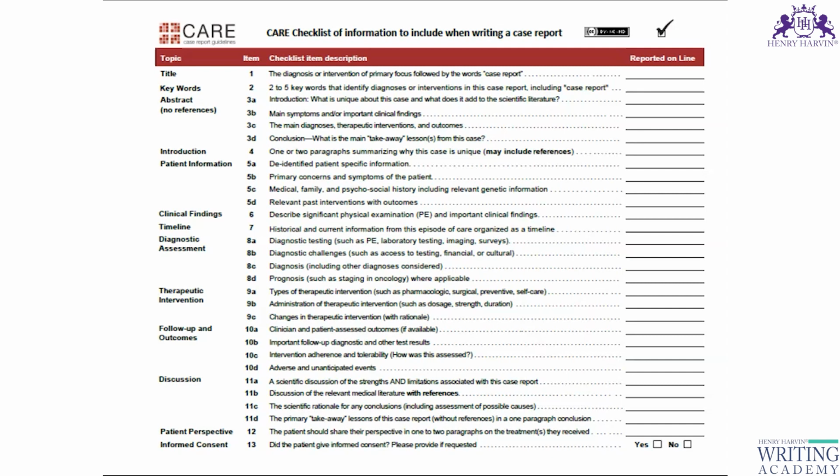Then next you have to write about the therapeutic intervention. The type of therapeutic intervention, such as pharmacologic, surgical, preventive, or self-care. The drugs, the medicines given to the patient, and the treatment can be pharmacologic, meaning the drugs administered or prescribed to the patient, and surgical if the patient has undergone any surgery.